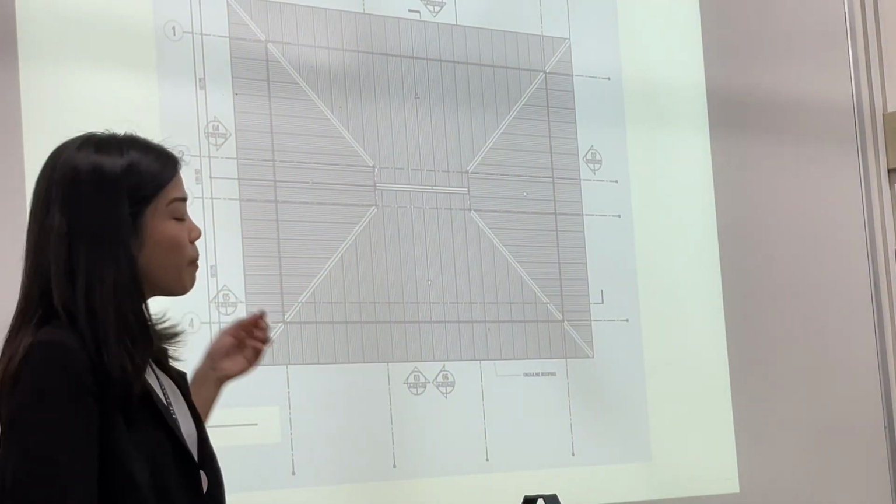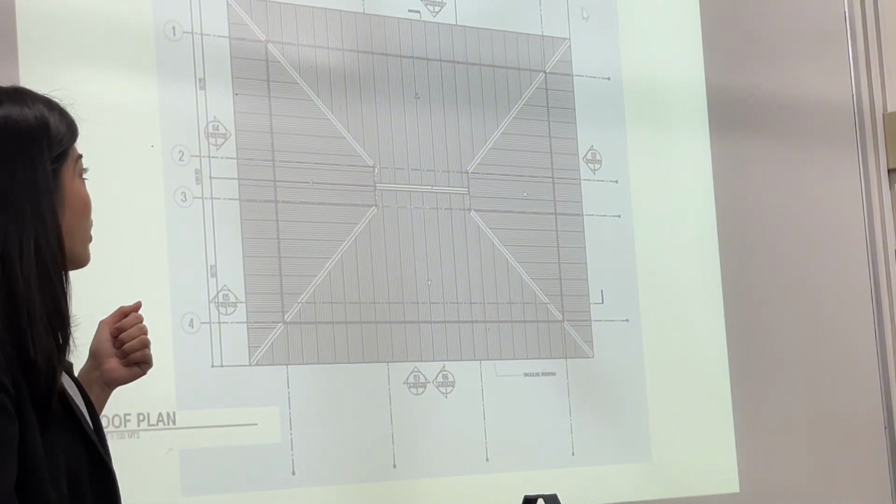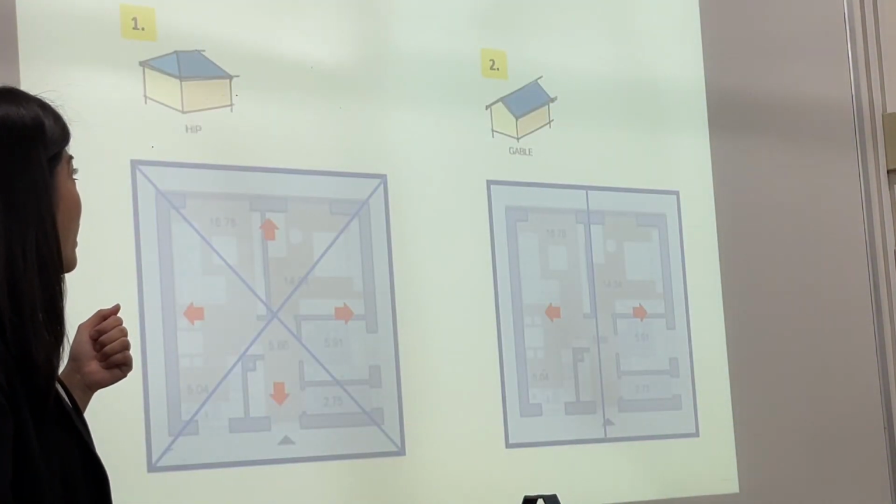Next week, our topic will be sections and elevations. Next, the correct answer.